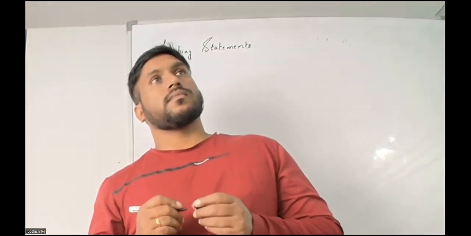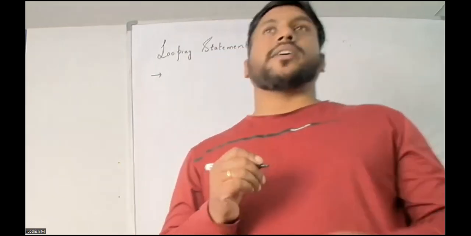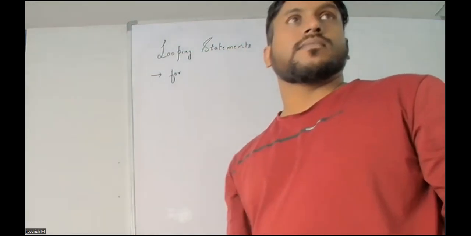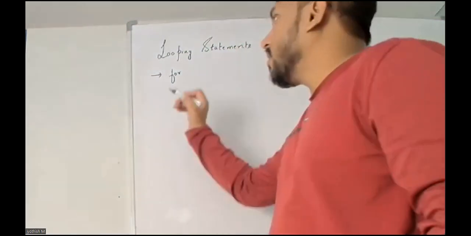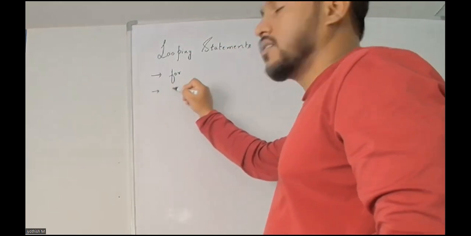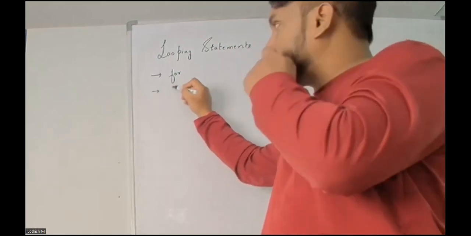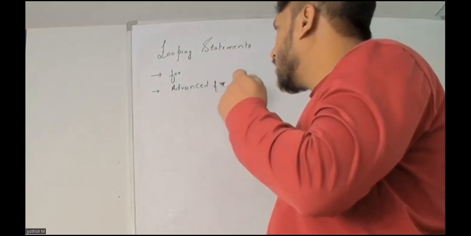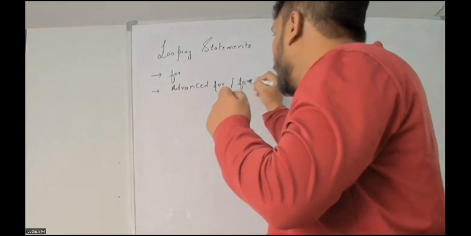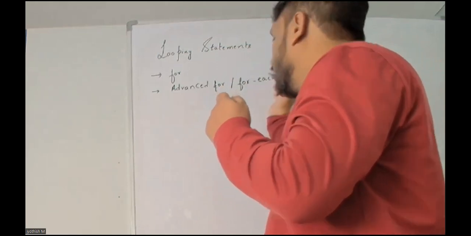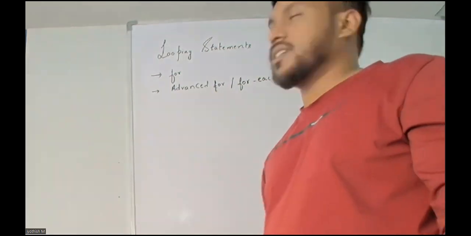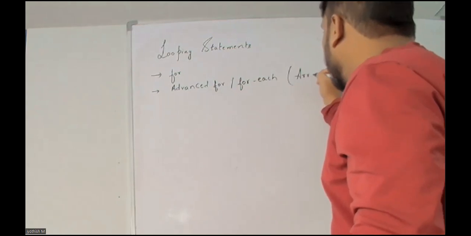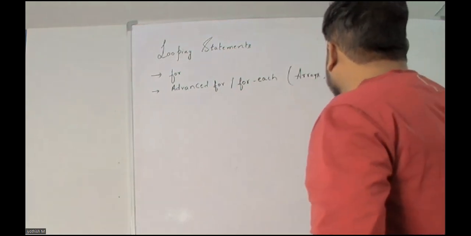In looping statements, we have several. First one is the for loop. Second one is the advanced for or for each loop. This is specially built for arrays and collection objects.